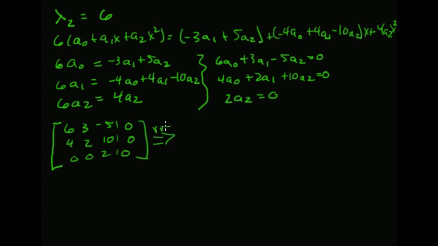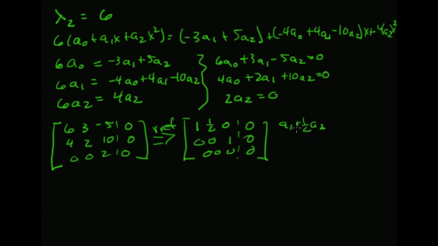We do Gauss-Jordan, and we end up with 1, 1/2, 0, 0, 0, 1, 0, 0, 0, 0, 0. So a0 plus 1/2 a1 is 0, a2 is 0.